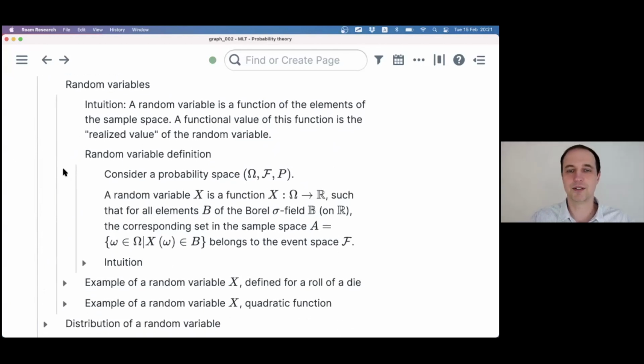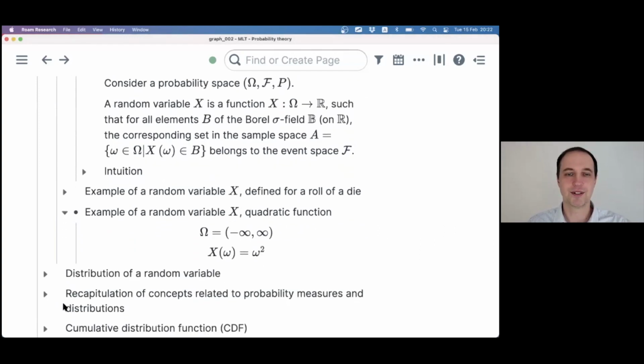We included all of the technicalities, but really the main point was that a random variable was a function that would take as arguments different elements of our sample space, the different outcomes, and it would produce a real number. So we talked just about a scalar real random variable. That's what we mean by a random variable here. Obviously, you can generalize that.